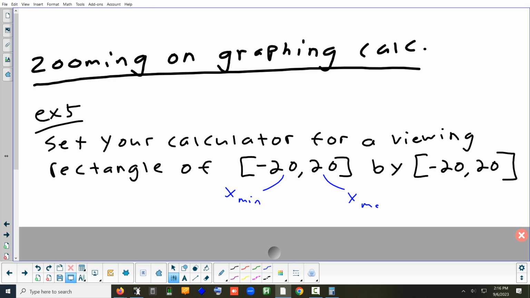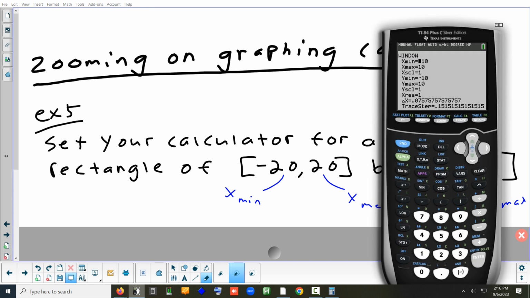That is your x max. That one is your y min, and that one is your y max. So you always put the x's first, min, max, and the y's second, min, max.